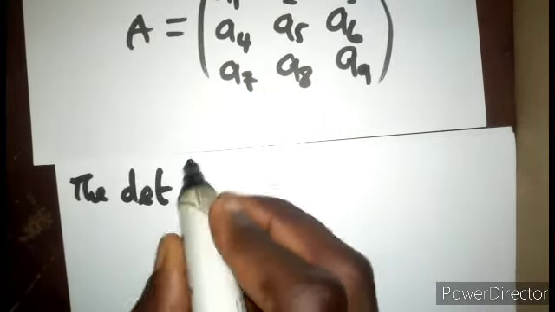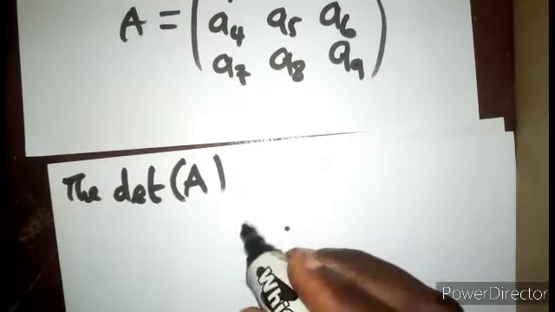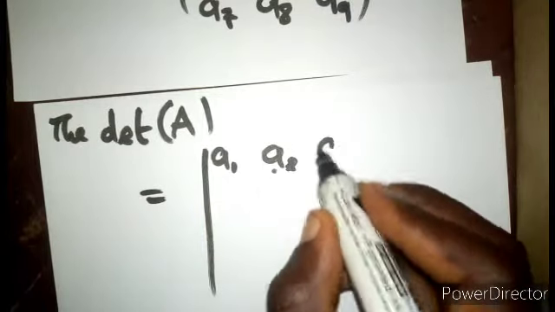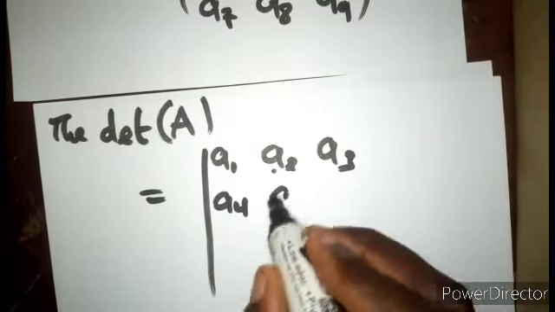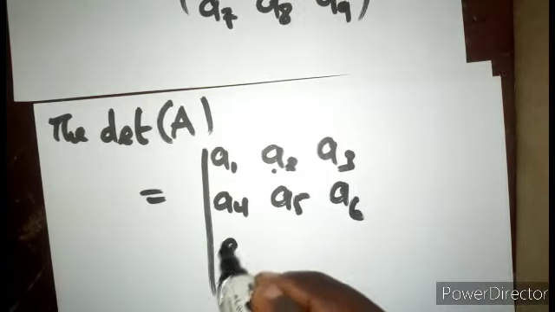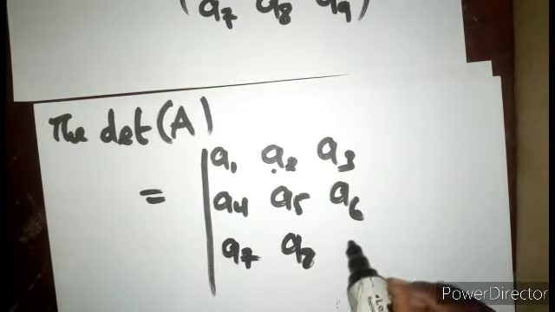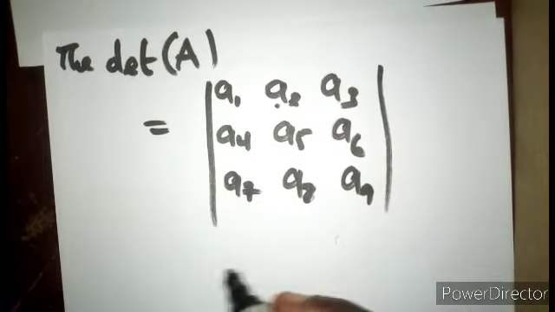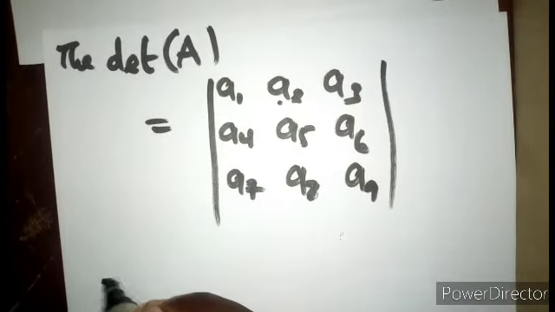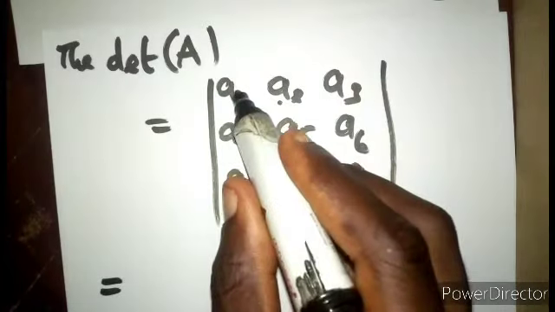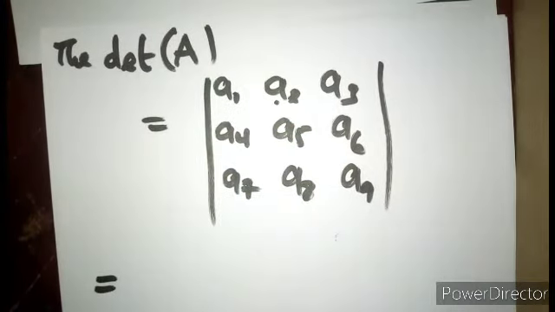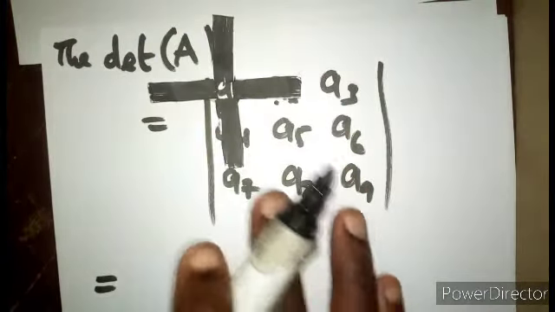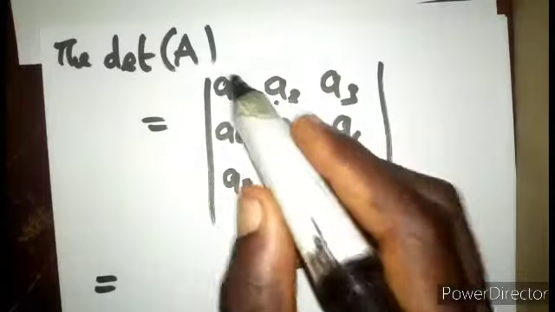The determinant of A, which is A1, A2, A3, A4, A5, A6, A7, A8, A9, is simply equal to... You can construct something like this. It's not too long.